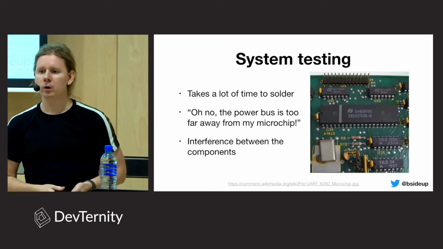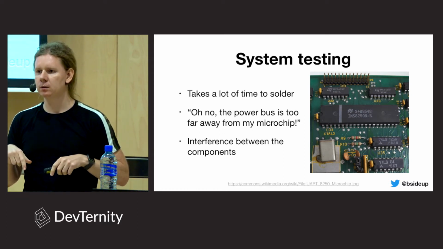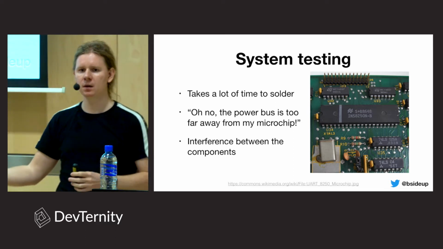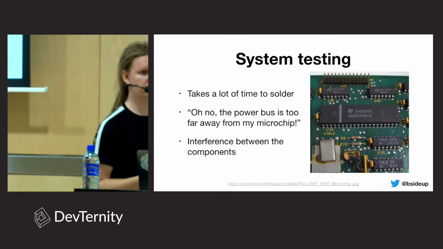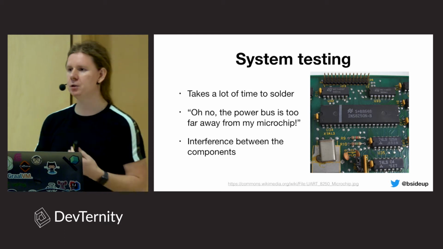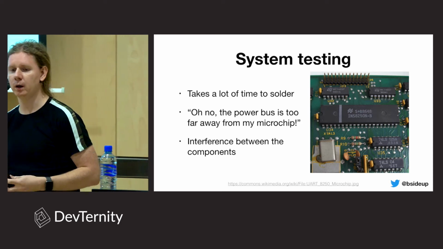And now we solder everything onto one motherboard with other components, other microchips created by your colleagues. And we also have problems because now we see that the motherboard was designed to receive 9 volts of power. And it's good. Our microchips are designed to consume 9 volts of power.